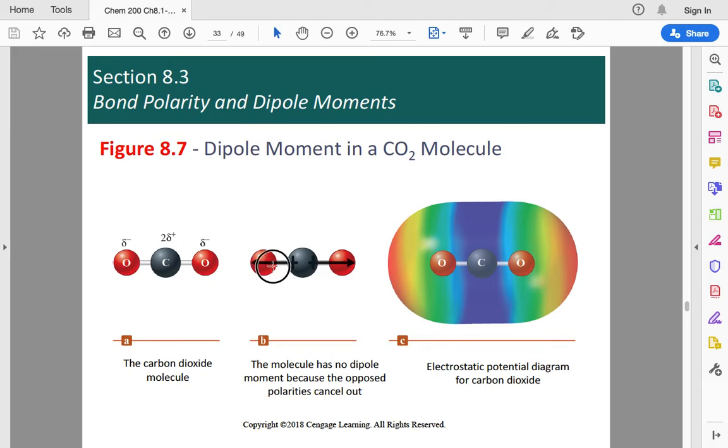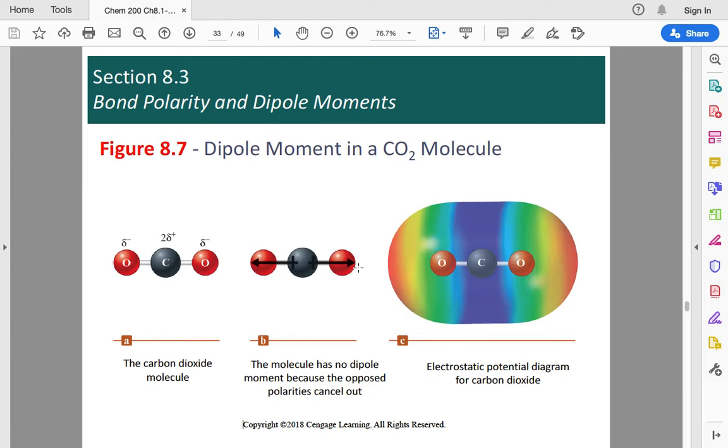There's no way I can cut this molecule where I get my slightly positives on one side and my slightly negatives on the other. It doesn't work. I can't cut this in any way where I get one concentration of the pluses and one concentration of the minuses. So this overall molecule is non-polar, even though it contains polar bonds.